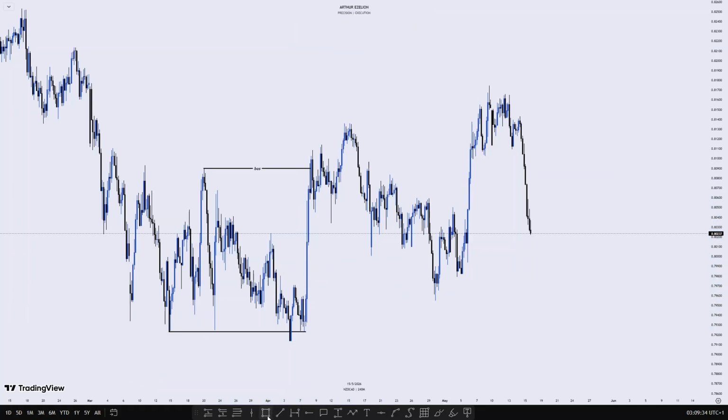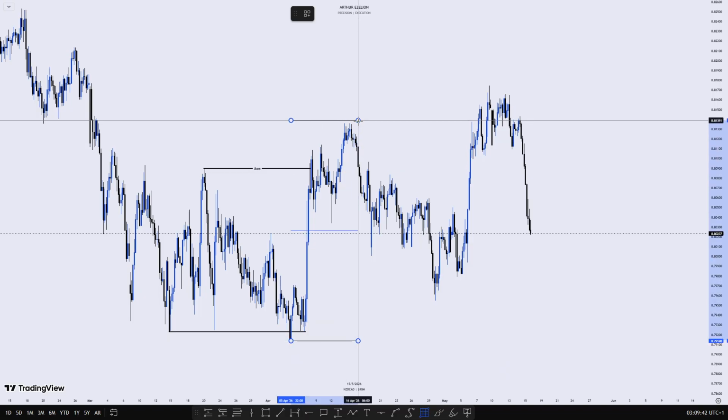Now, remember, this is the swing structure I wanted to mark out, from this high to this low.